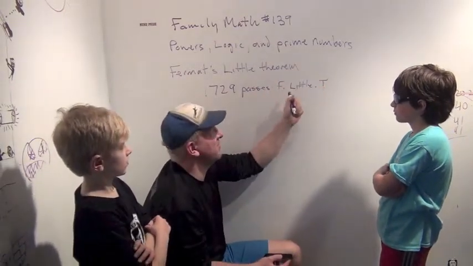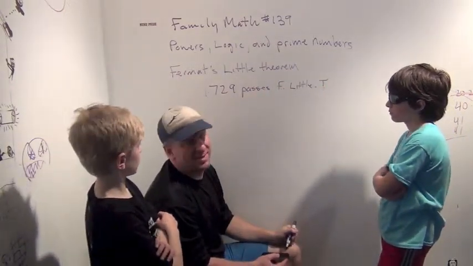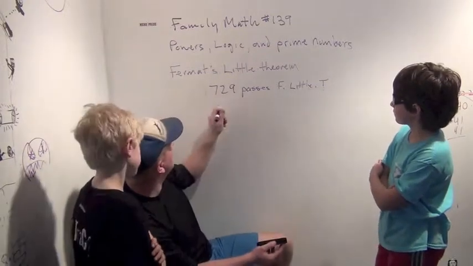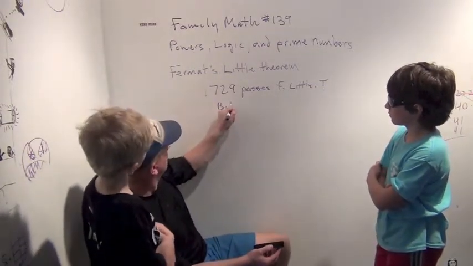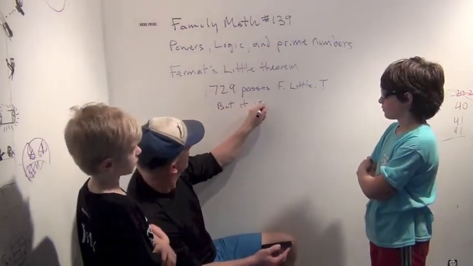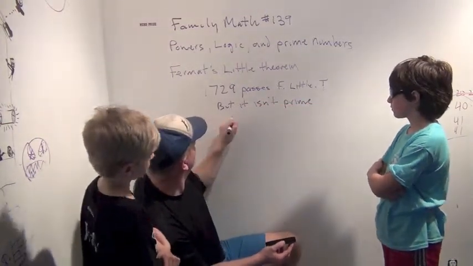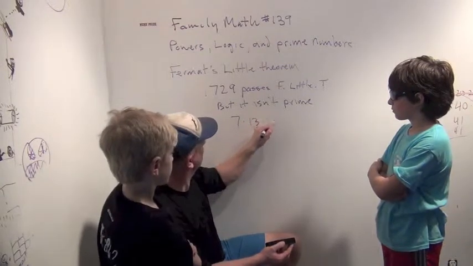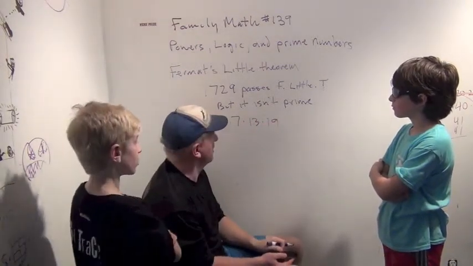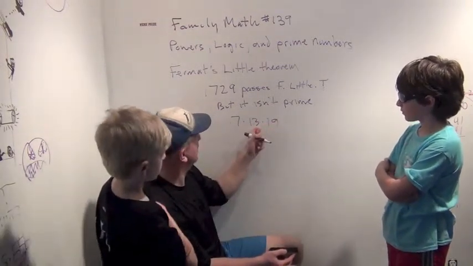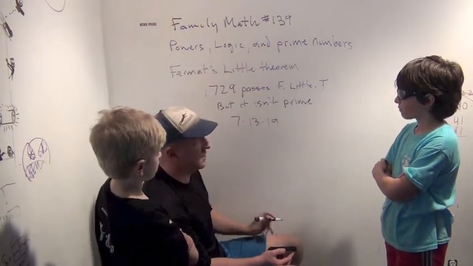People usually use FLT for Fermat's last theorem, so I'll have to say Fermat's little theorem. But it isn't prime. It's 7 times 13 times 19, it turns out. Is that right? 3 times 9 is 27, 7 times 7 is 49, yeah, I think that's right.